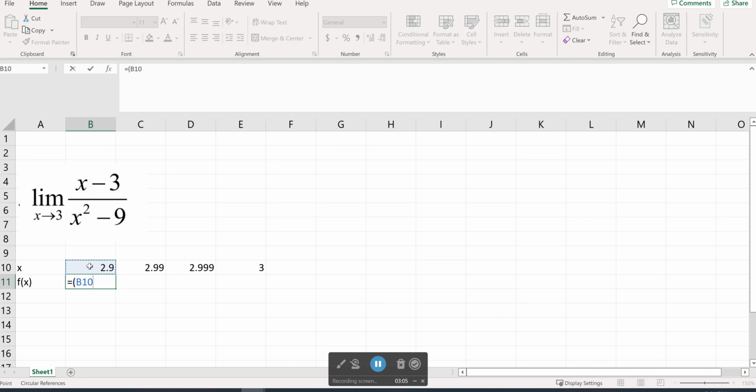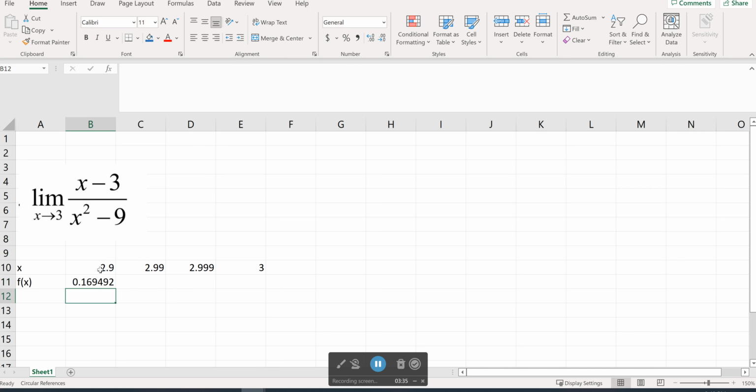So what we need to do here is evaluate f of x for the corresponding x values. I make sure to plug in my function f of x's formula, which is input minus 3 wrapped between parentheses over input squared minus 9, also wrapped between parentheses.